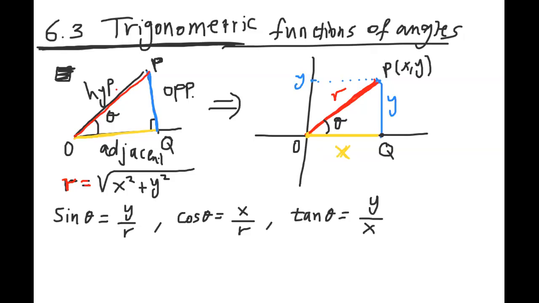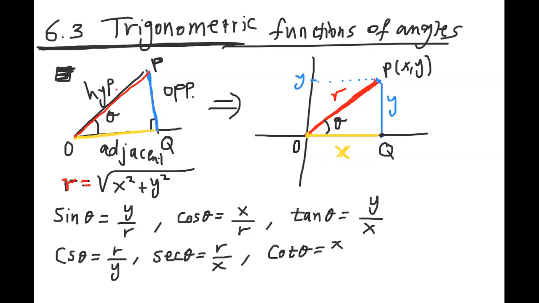And the cosecant of theta is 1 over sine, which is r over y. The secant of theta is r over x. And the cotangent of theta is x over y.